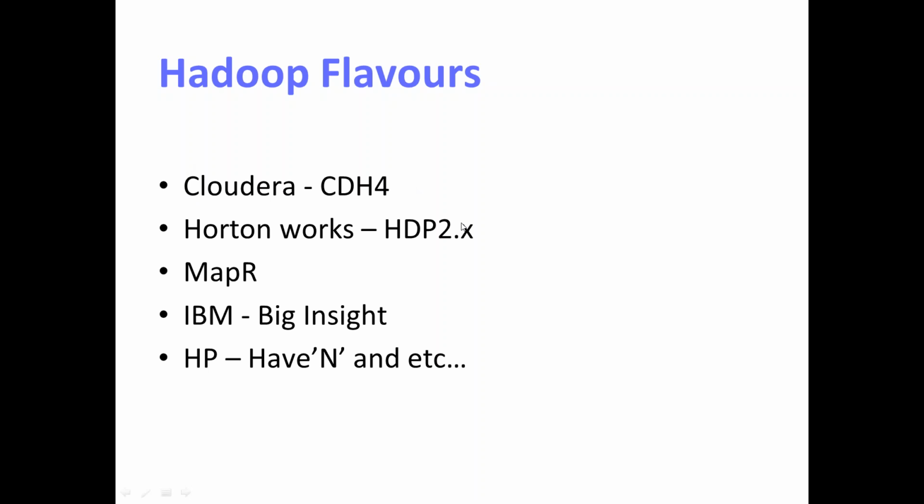It's gaining a lot of popularity nowadays, and most of the companies are going for Hortonworks. MapR is also one of the distributions. IBM BigInsights is also one of the flavors of Hadoop, and HP Haven is one of the other flavors.